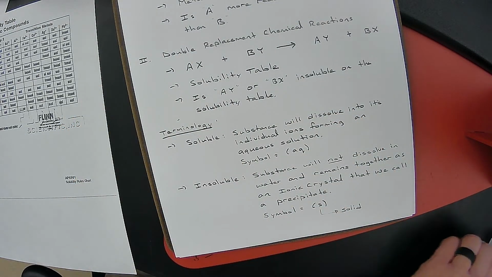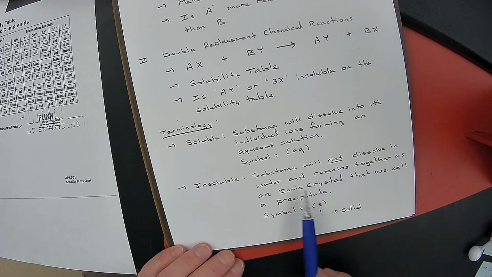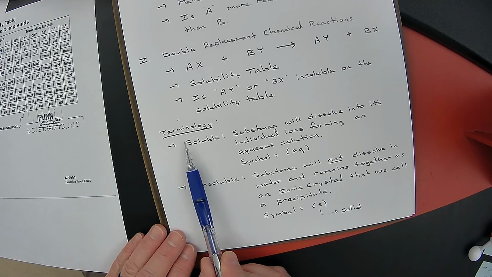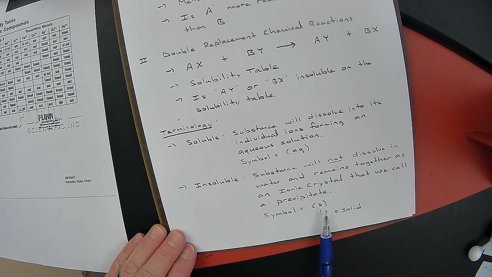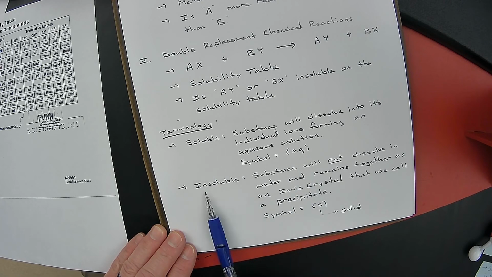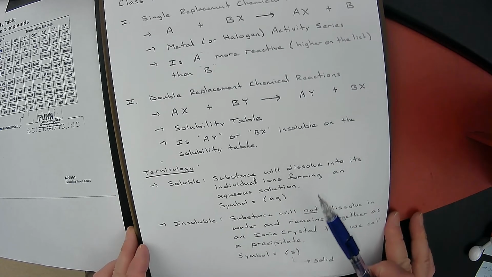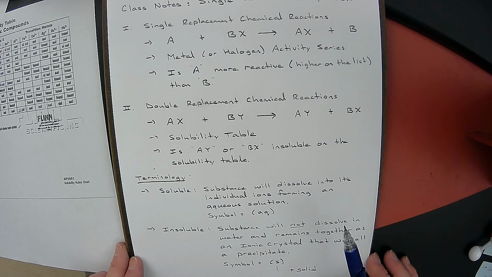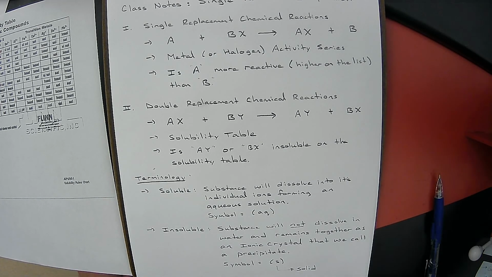So it remains as a solid ionic crystal. But we have to be careful because a lot of students think soluble, so they think S and go, oh, I'll put an S down. That is incorrect. If it's soluble, it will dissolve and form an aqueous solution. If it's insoluble, it'll stay as a solid, so we put an S. I hope this helps in understanding single and double replacement reactions.